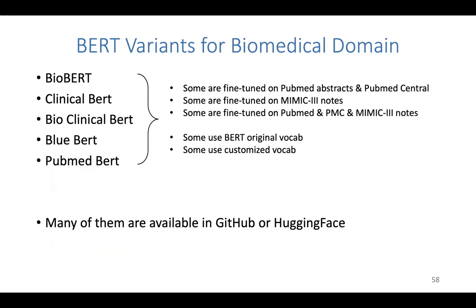There are a lot of BERT variants for the biomedical domain. After the introduction of BioBERT, there's ClinicalBERT, BioClinicalBERT, BlueBERT, PubMedBERT. I'm pretty sure there are at least dozens of BERTs fine-tuned for biomedical purposes. Some are fine-tuned on PubMed abstracts and PubMed Central, such as BioBERT, meaning they take BERT-base and further tune it on those.